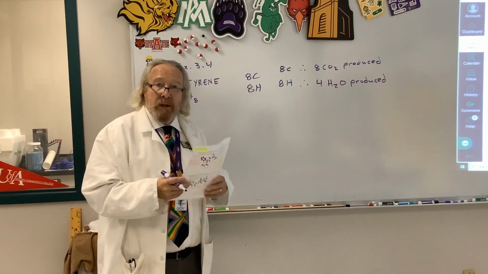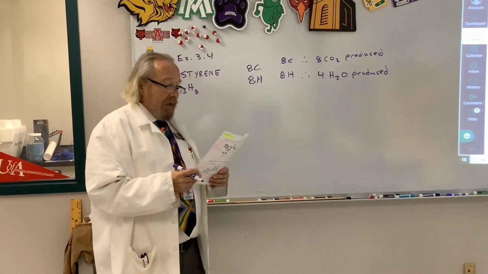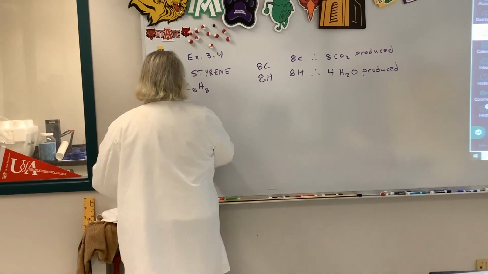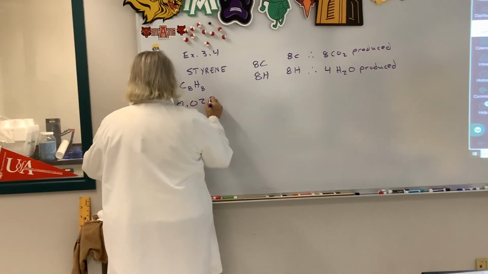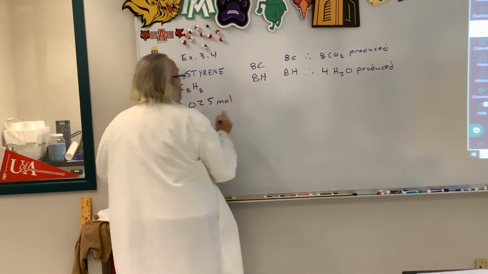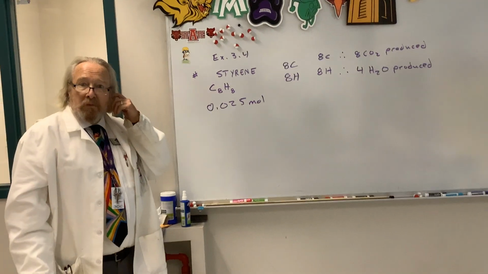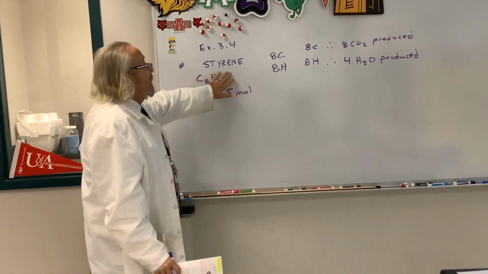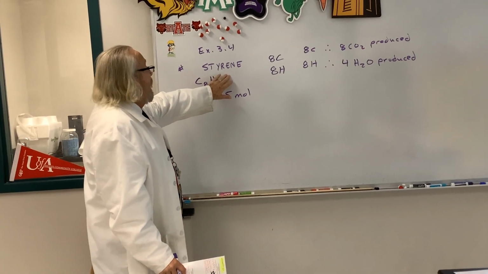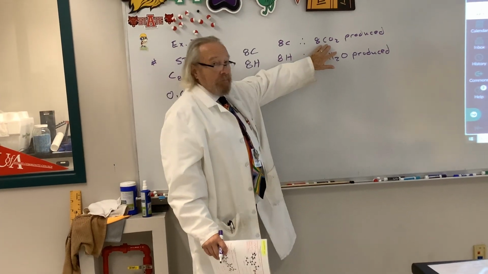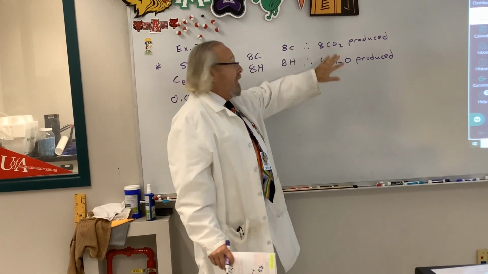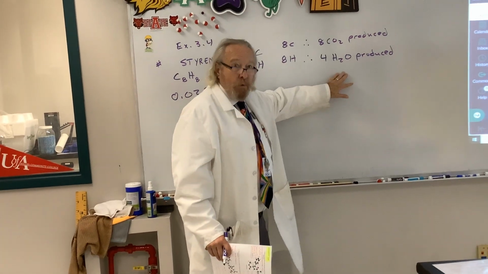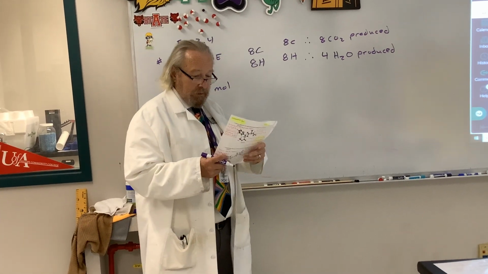But let's take the example I have in front of me, and that is 0.025 mole of styrene. And so, this says for every mole of styrene I'm going to produce 8 moles of CO2. And for every mole of styrene I'm going to produce 4 moles of water.